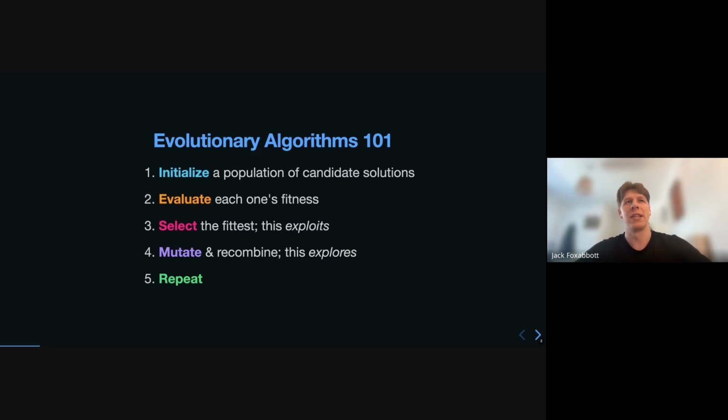So when you initialize, this could be a single draft solution that you've put together. It doesn't have to be a full population of radically different attempts. The initial population could be 1, and you can quickly expand that to the full population size that you're intending to have. But after initializing, you evaluate the fitness of each individual in your population.